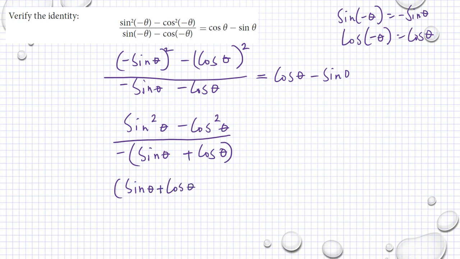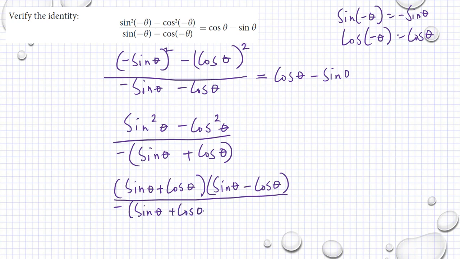This should be plus, because we put the negative outside the parentheses. And then we have sine theta minus cosine theta divided by negative sine theta plus cosine theta. This will become 1. Then, if we have negative here now, we have cosine theta minus sine theta, because negative and negative will become positive, and positive and negative will become negative. Cosine theta minus sine theta.